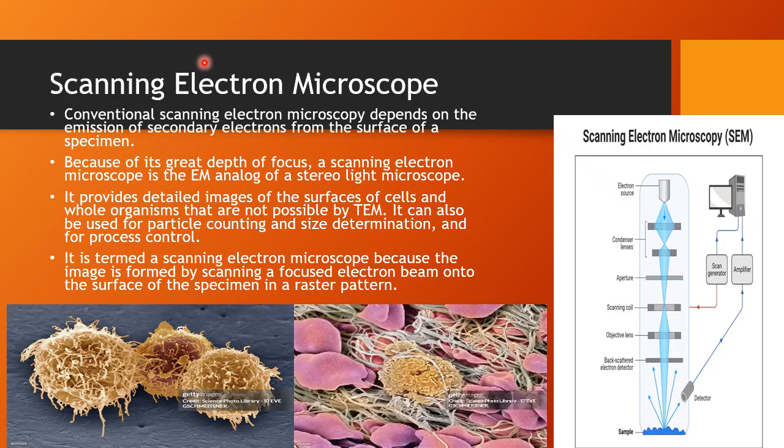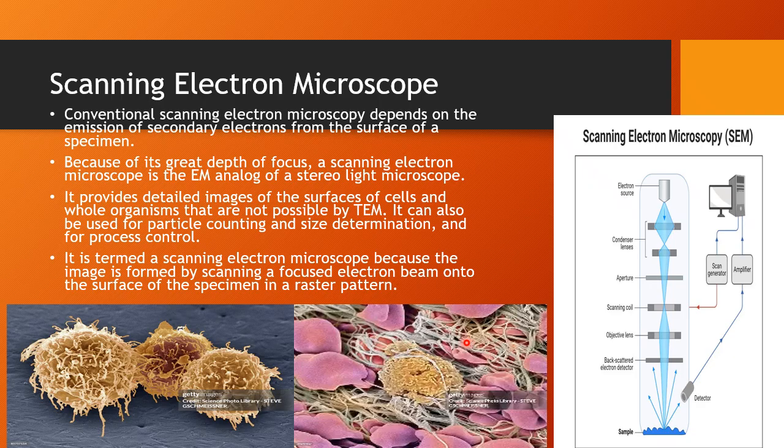These secondary electrons are emitted from the surface of the sample only, due to the excitation by the primary electron beam. As you can see here, this is a sample and the secondary electrons are getting produced, and these electrons are also called backscattered electrons. Mainly this depends on these backscattered electrons itself.